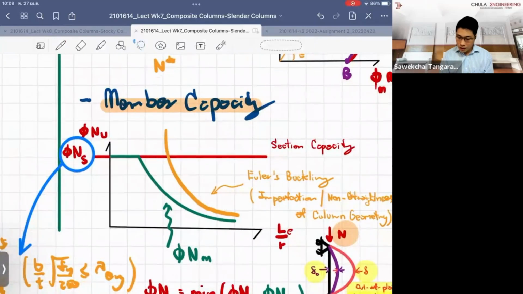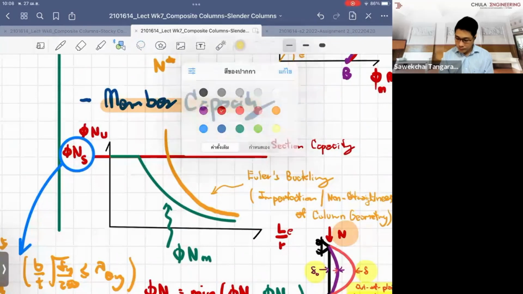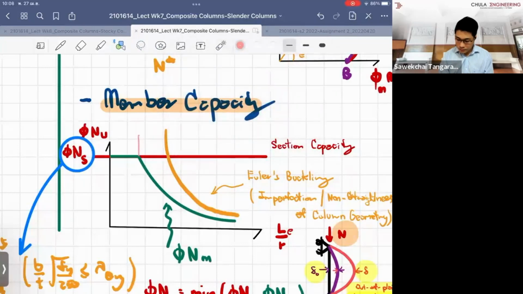Theoretically, if it doesn't go above the limit here, we always check what is called the slenderness ratio of the member.